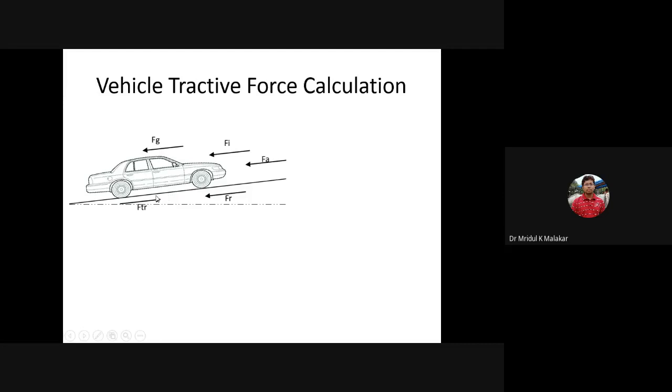One is the gradient: an angular inclination is there, so a reaction force, an opposite force, is applied. Another is rolling friction: between the tire and the road, a frictional force is applied.